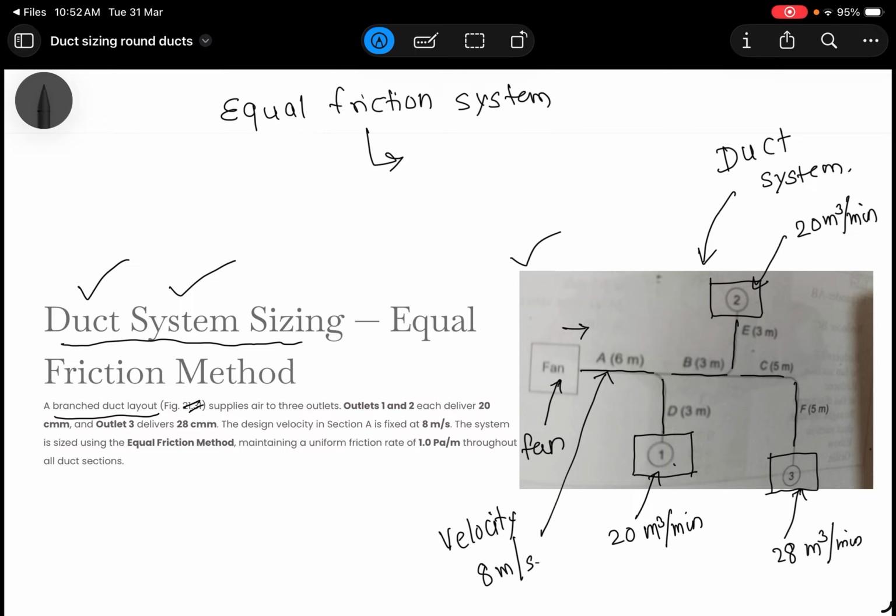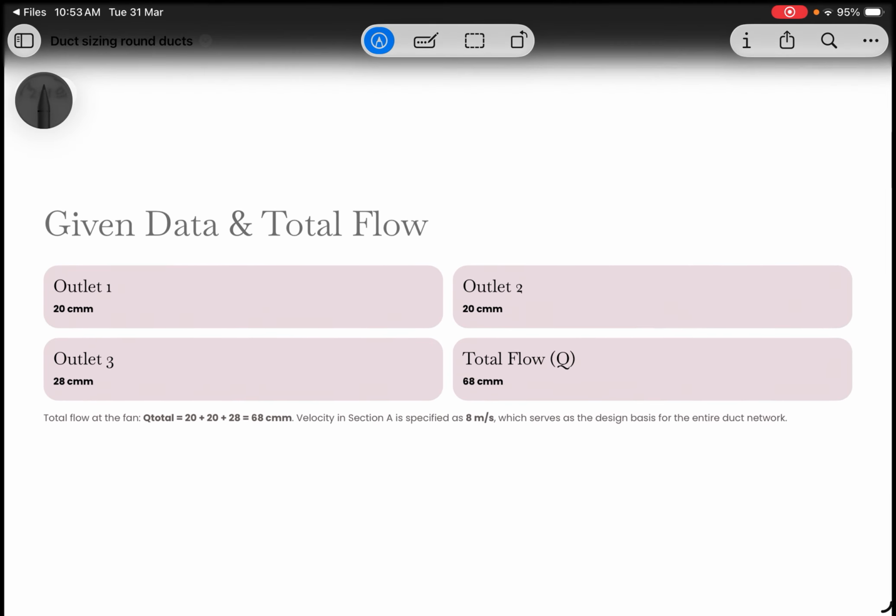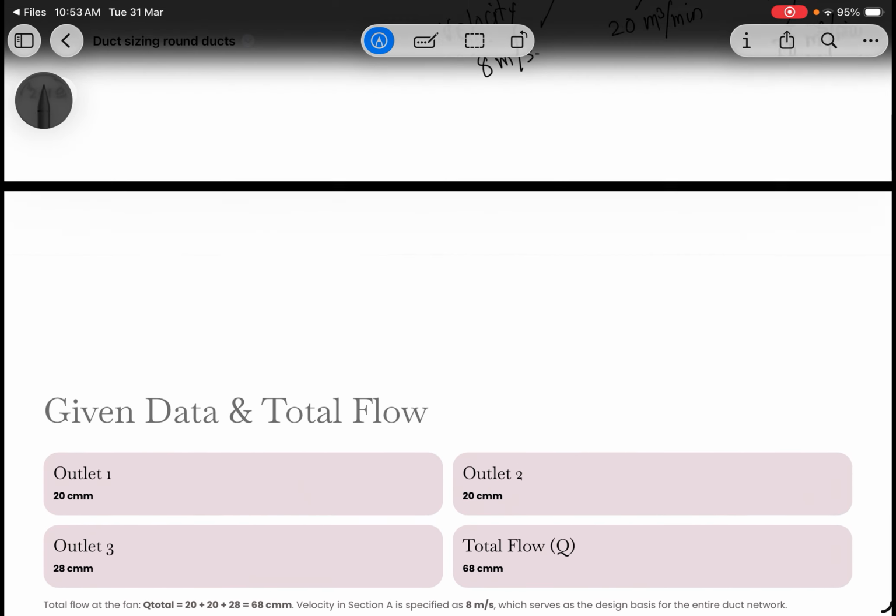So let us say that you are maintaining a friction of 1 pascal per meter throughout. Now how do you find this 1 pascal per meter? For that you will require to know certain things. The first step in this problem is to calculate the total flow rate of the fan.